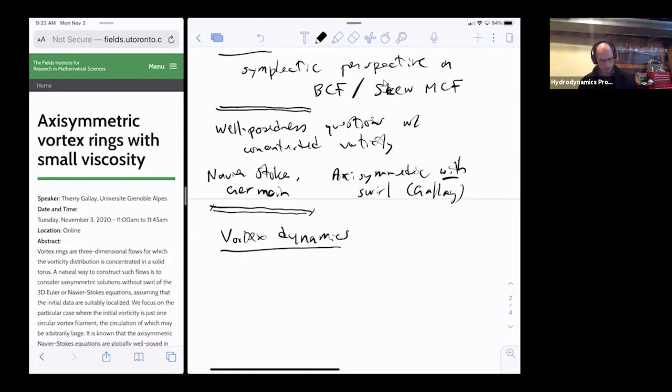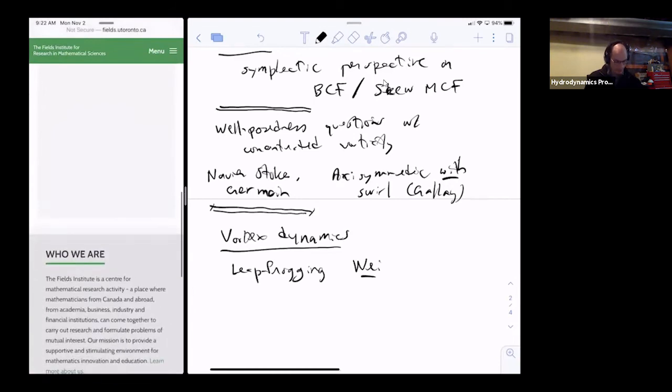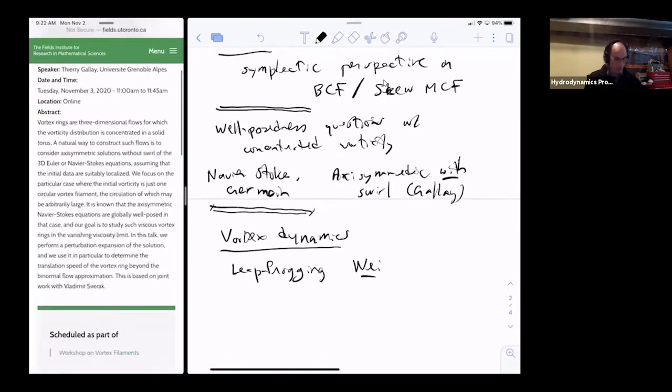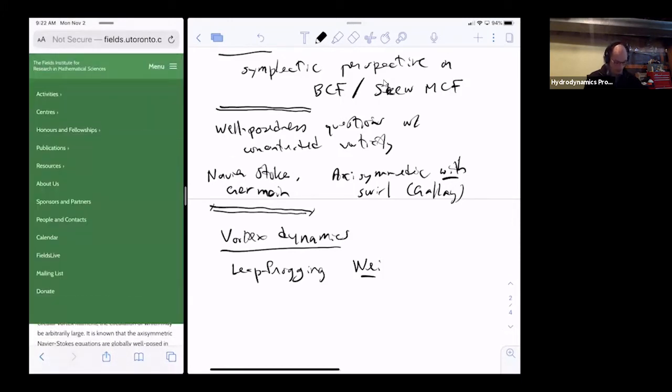And so there'll be two talks that I recommend to you. One is on a construction of solutions that exhibit vortex leapfrogging. This is Juncheng Wei. And when is this? I think that's, oops, wrong direction. I need to, oh, there it is. I need to go back.